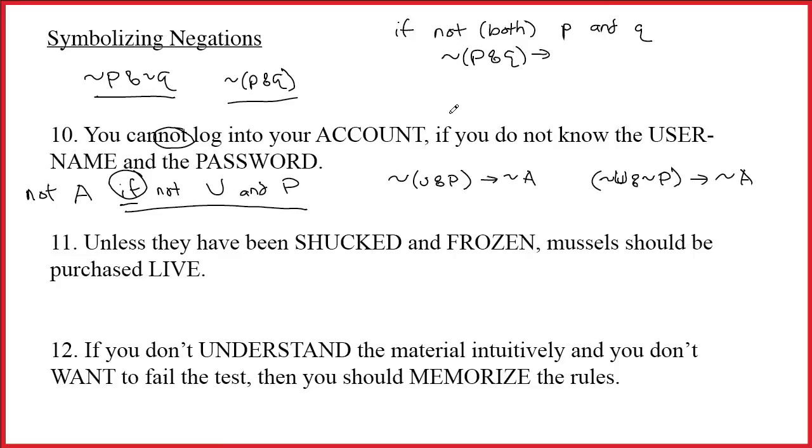What language would you associate with tilde P and tilde Q arrow? Well, that would be if not P and not Q. Or alternatively, if you saw if neither P nor Q.